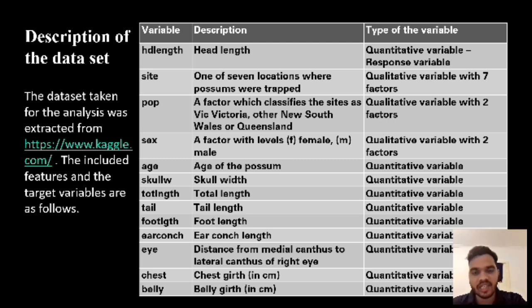We obtained the dataset from Kaggle, which includes the feature and target variables related to possums. The variables in our dataset are the head length, site, then the population classification, then the gender, age, skull width, total length, tail length, foot length, ear conch, eye distance, and etc.